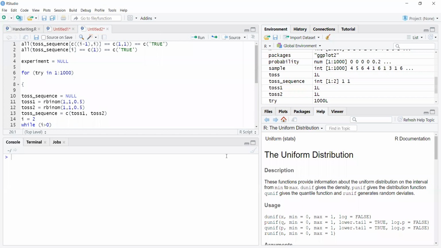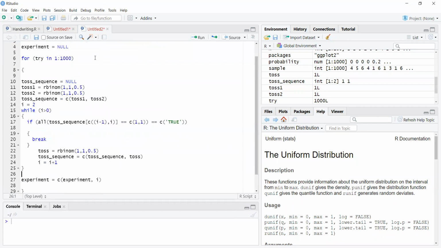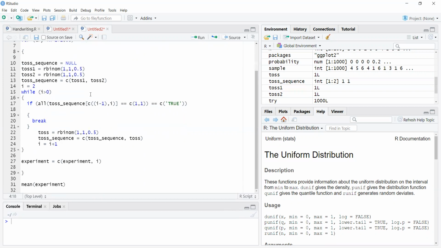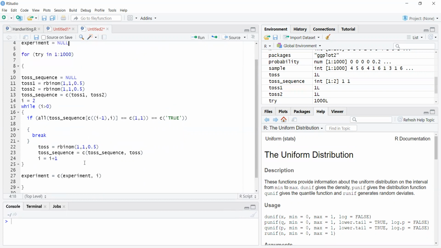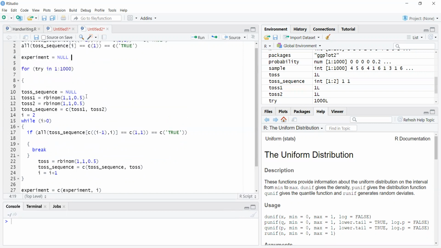If you have seen the RStudio, let's see what we are doing. First, experiment is equal to NULL. Experiment is a vector of all these counts for 1,000 such experiments, such trials.